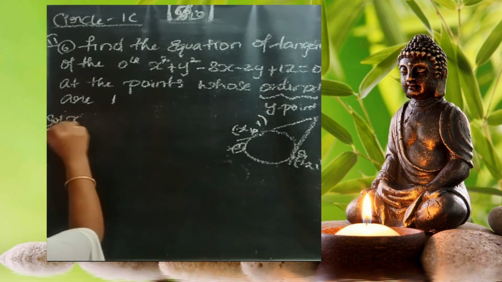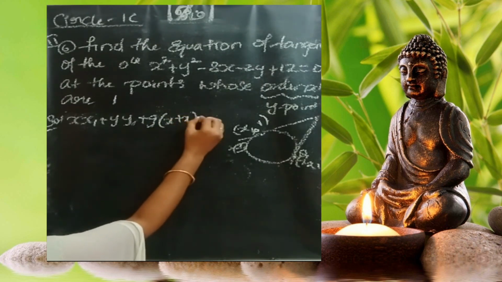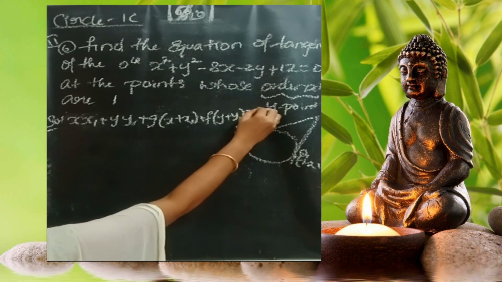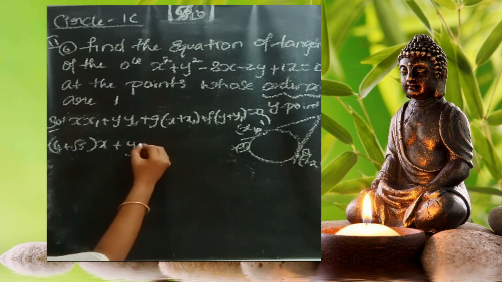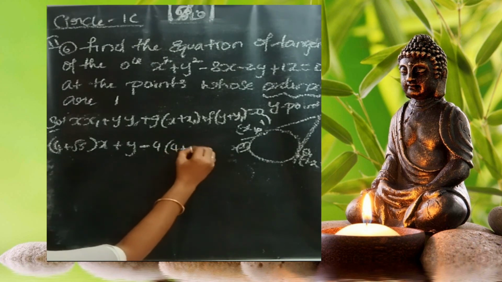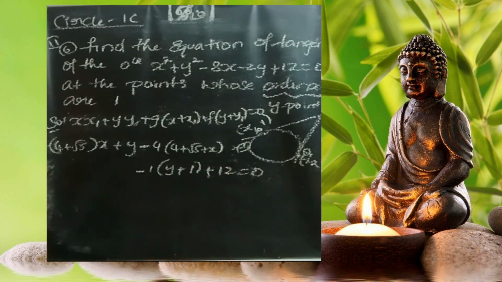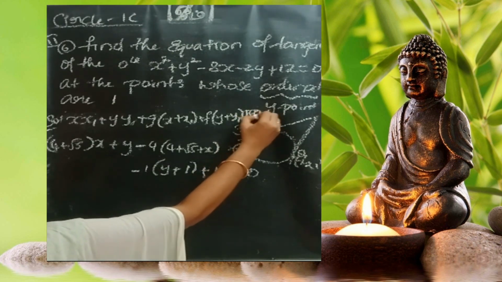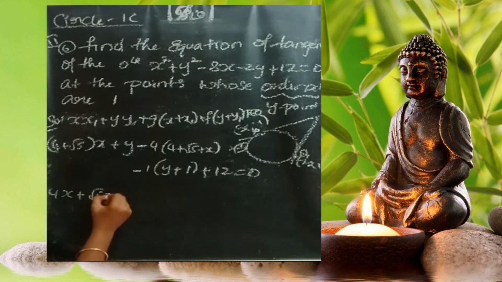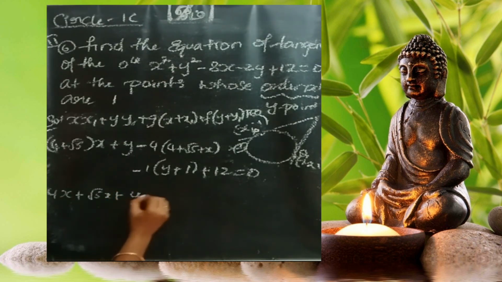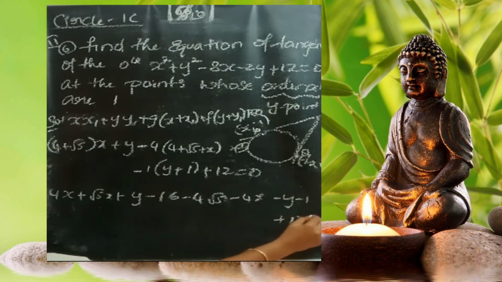So x x1 plus y y1 plus g into x plus x1 plus f into y plus y1 plus c equals 0. With c equal to 12, we get 4 plus root 5 into x plus y minus 4 into 4 plus root 5 plus x minus 1 into y plus 1 plus 12 equals 0. Now multiplying, 4x plus root 5 x plus y minus 16 minus 4x minus y minus 1 plus 12 equals 0.